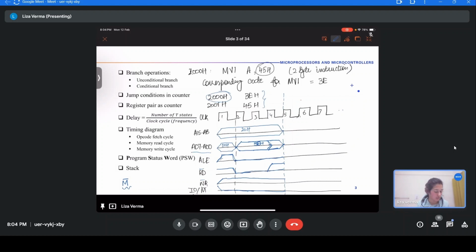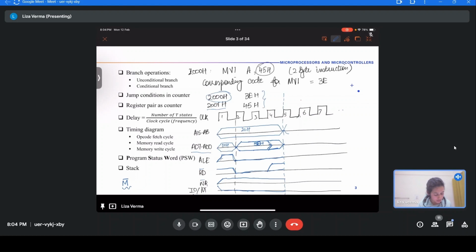That is what MVI means, right? So after this T4, the higher order address bus will again get the address of the data that has to be retrieved. So that will be 2001.